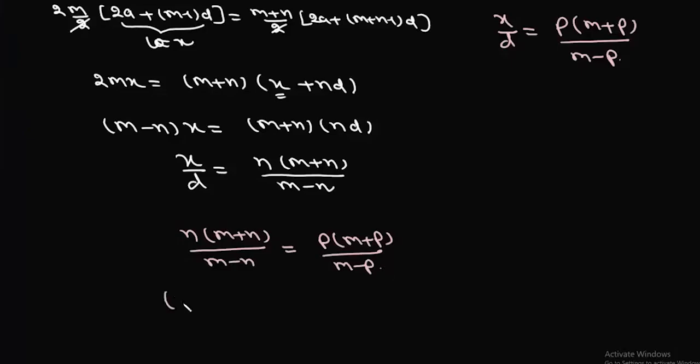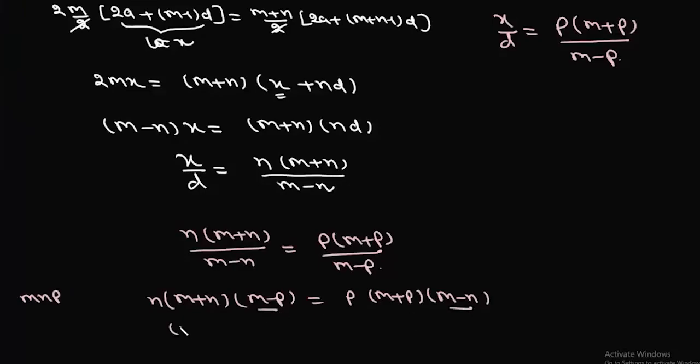Now we can rearrange this as m plus n into m minus p into n, and that will be equal to p into m plus p into m minus n. Now we'll divide everything with m and p, and we'll divide it with these two terms.